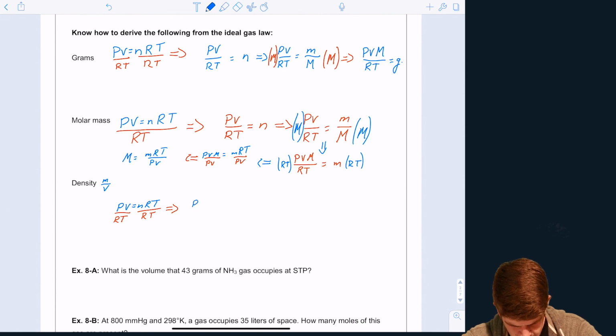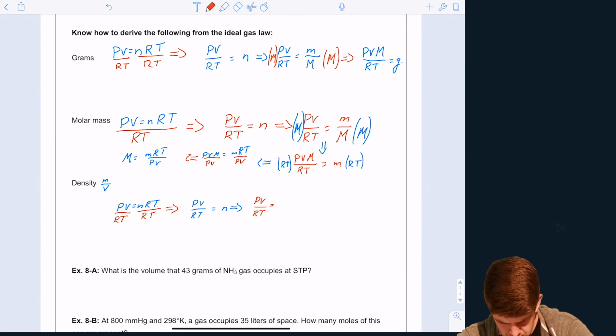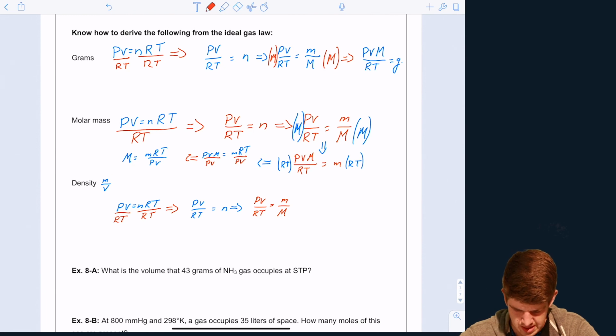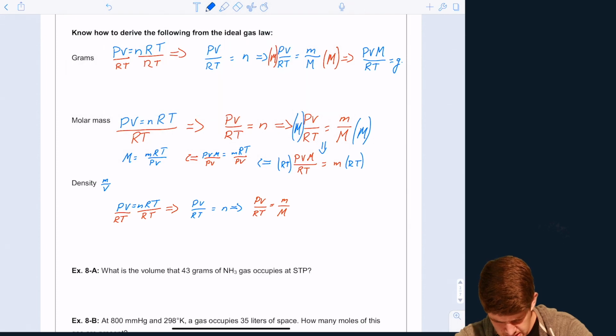Now I have PV over RT is equal to n. PV over RT is equal to mass over molar mass. And now, how are we going to isolate this? We'll just multiply both sides by capital M.